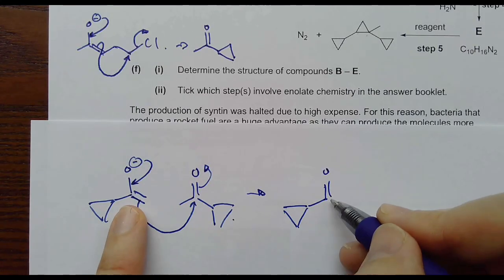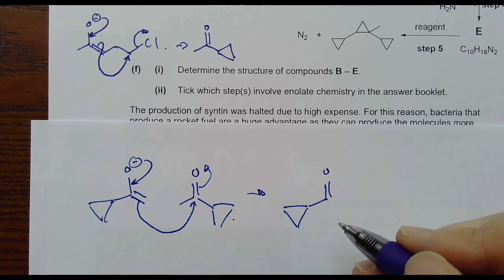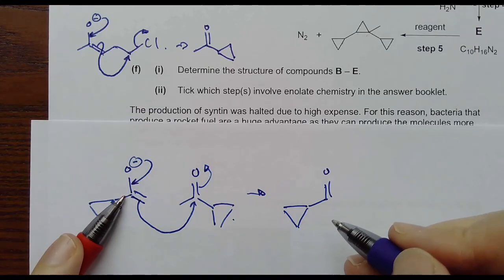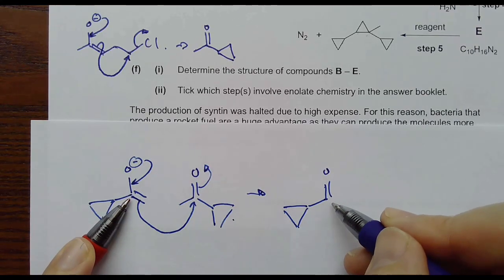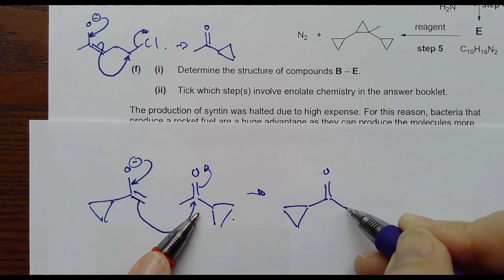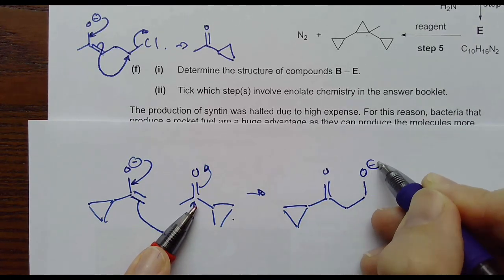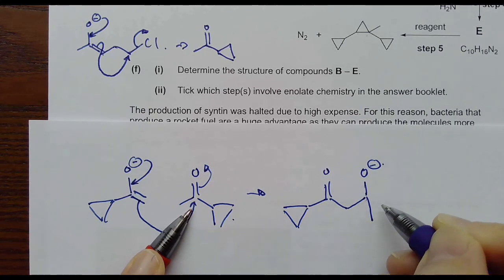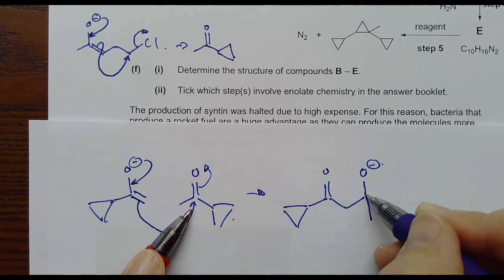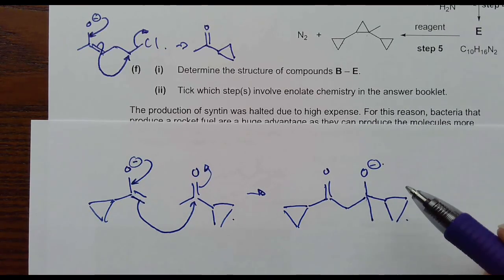So this carbon is this carbon, this carbon is this carbon, this carbon is this carbon, which is bonded to this carbon, and that is bonded to that, and that, and that.